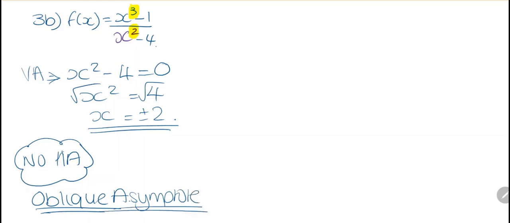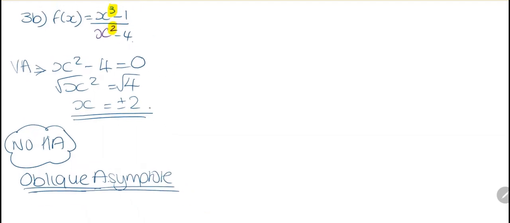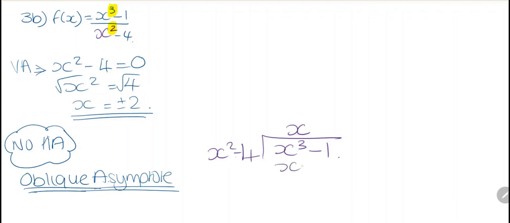So we do this with long division. We've got x squared minus 4, and we're going to divide this into x cubed minus 1. We multiply by x to get x cubed, and then x multiplied by minus 4 will be minus 4x.